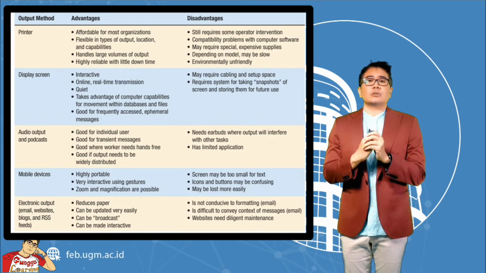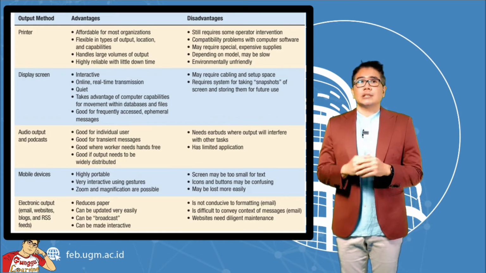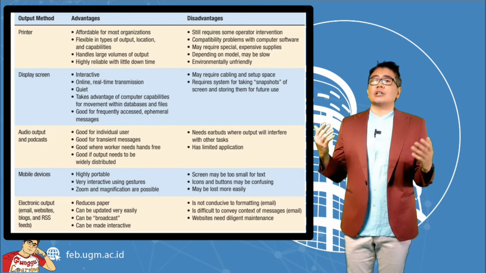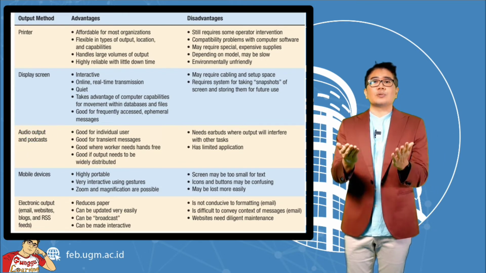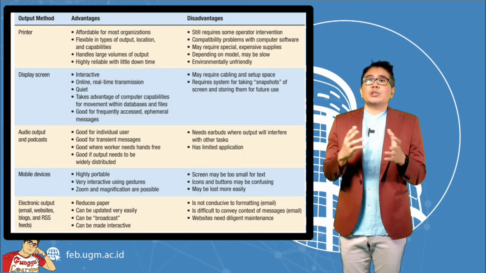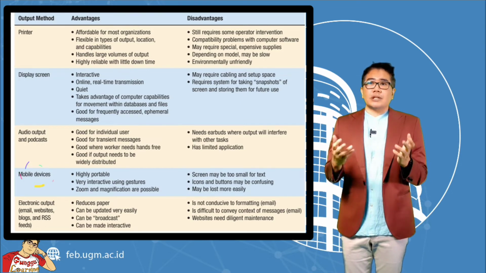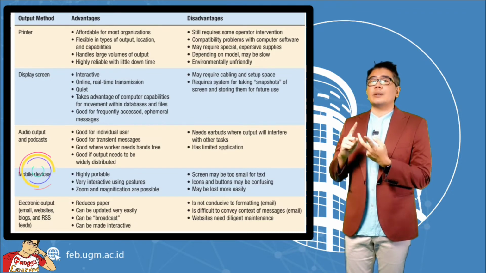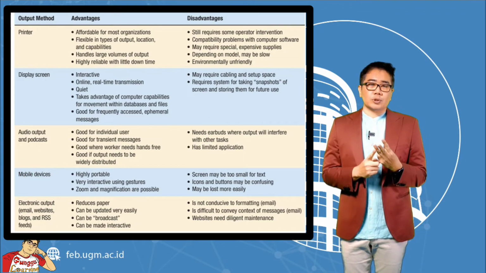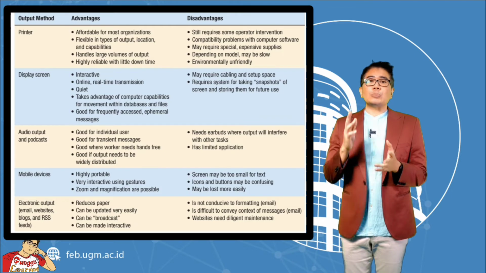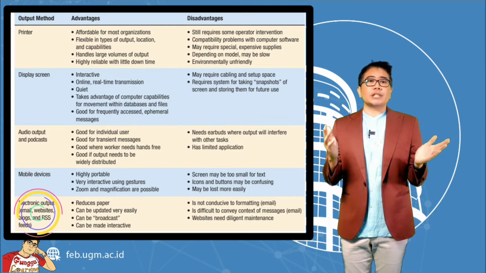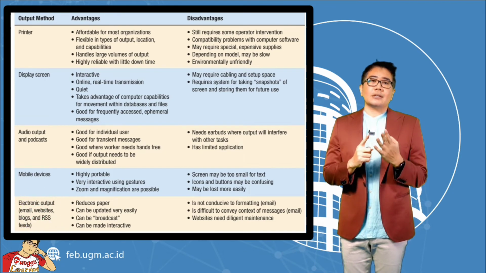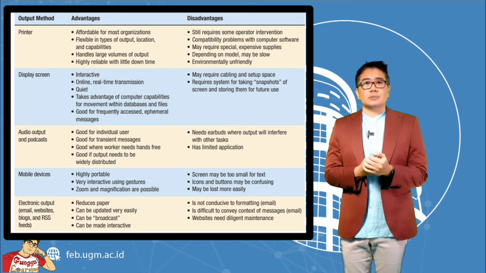Other digital output methods are also available, such as audio output, podcasts, and of course, video. There are also ubiquitous output methods, such as mobile device outputs, including mobile phones, tablets, and laptops. There are also multi-purpose electronic outputs, including emails, websites, blogs, and RSS feeds.